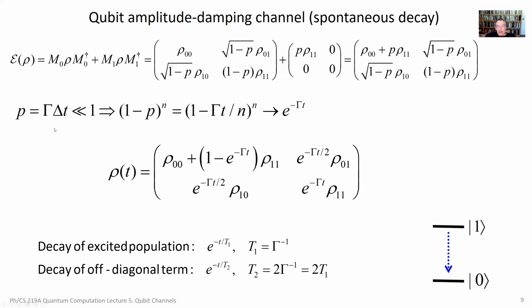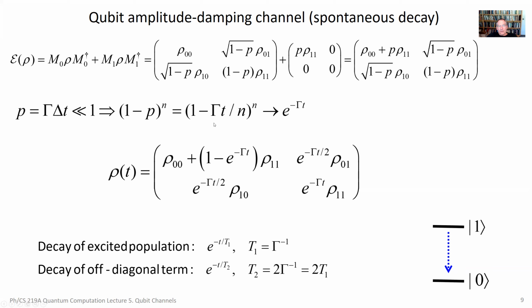And so the probability of the spontaneous decay occurring, if the state is in the excited state, has some rate, gamma per unit time, and the probability in a time interval delta t is gamma times delta t. And now, if we weight all together, same story that I told you a minute ago about dephasing, for n such time intervals, so the total time is n times delta t, then the 1 minus p suppressing the 1,1 component of the density operator becomes 1 minus p to the n.